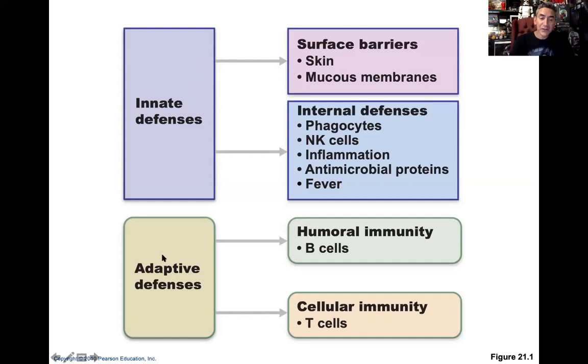Well, now we're going to shift to this division of the immune system, the adaptive defenses, right? Adaptive defenses can also be divided into two big categories. Humoral immunity, and I don't necessarily think that's the best term, humoral. When I think of humor, I think of comedy, funny stuff.